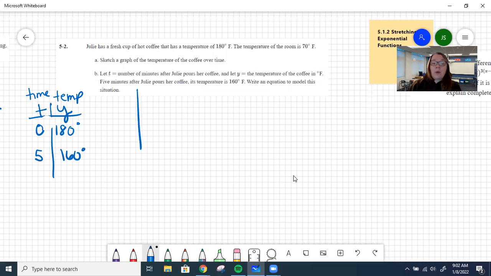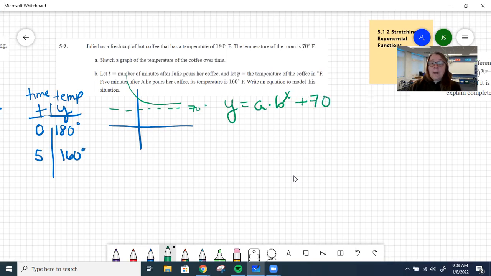Okay, so if we think about the graph of a cup of coffee cooling, the temperature is going to decrease, but it's not going to go down forever. If room temperature is 70 degrees, it's going to decrease, but it's going to level off at 70 degrees. Okay, so it's something exponential. So we know it's of the form y equals a times b to the x, but there's a vertical shift of 70. That means you have a k value of 70. So we would have a plus 70 here.